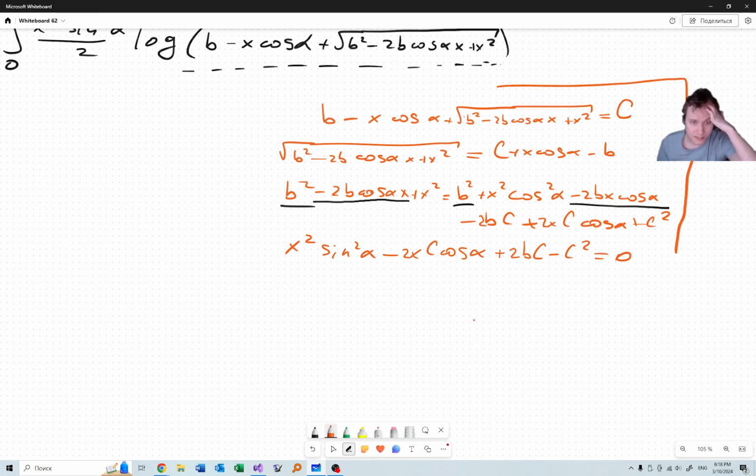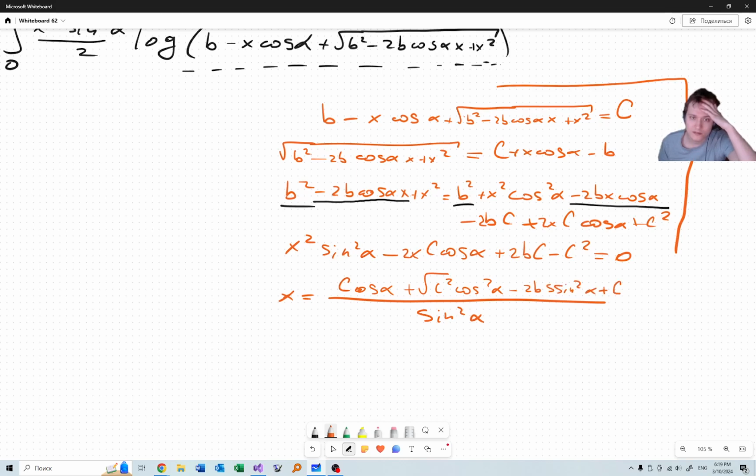Okay, now let's calculate x. x equals 1 over sine squared alpha times, not 2, c cos alpha plus square root of c squared cos squared alpha minus 2bc sine squared alpha plus c squared sine squared alpha.